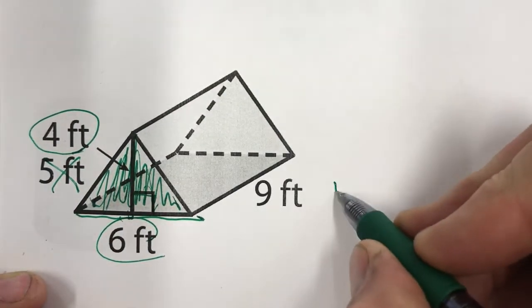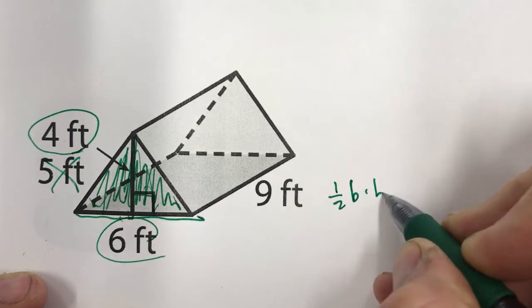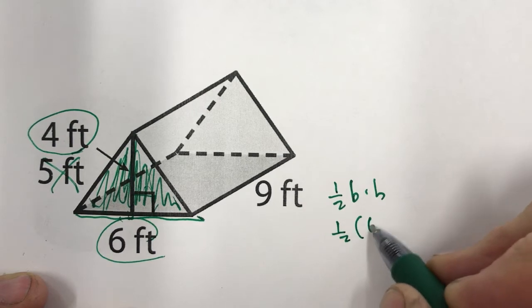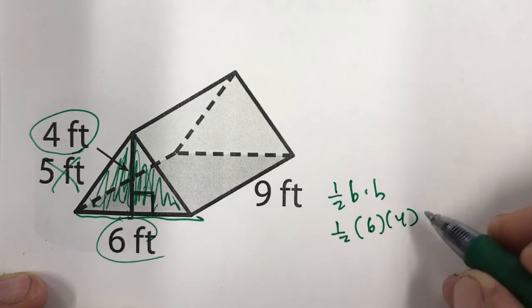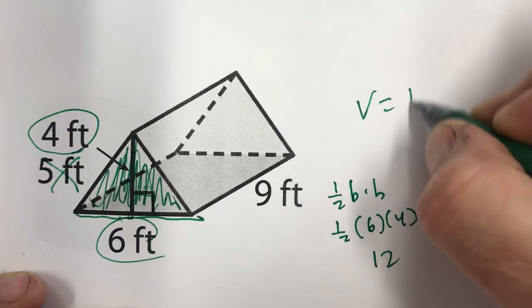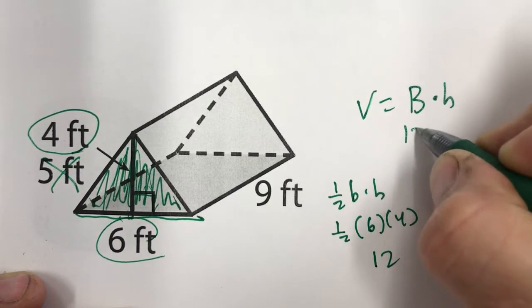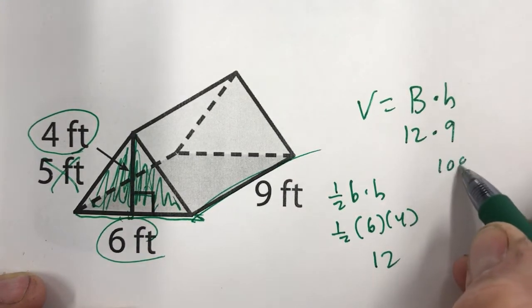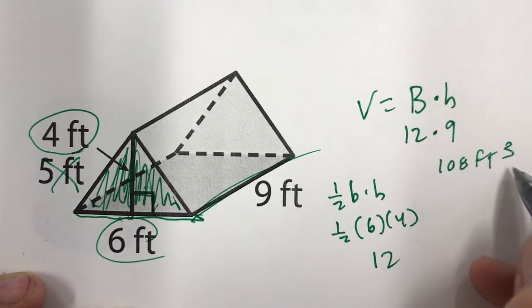So 1/2 times the base times the height would be the area of the base. It's going to be 1/2 times 6 times 4, which is 12. On the volume, it's area of the base times the height, which is 12 times the 9. So it's going to be 108 cubic feet.